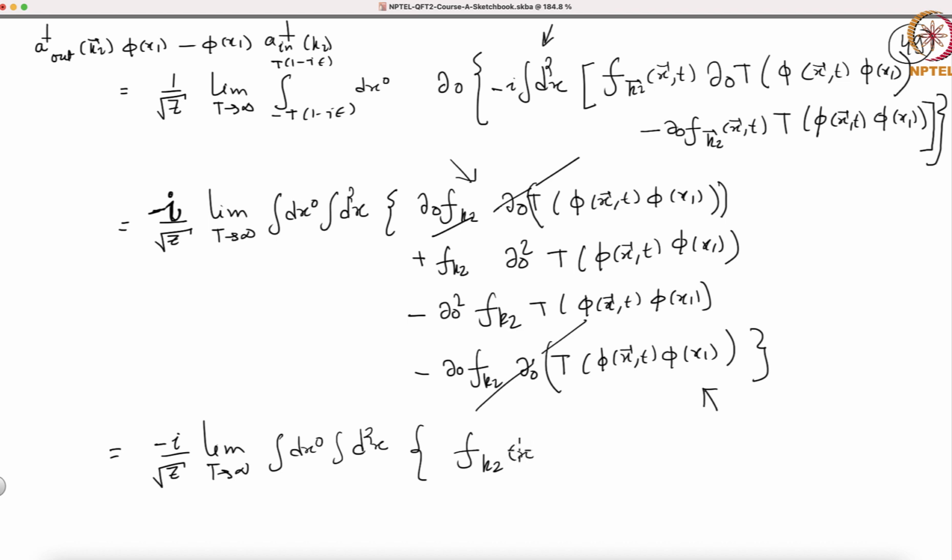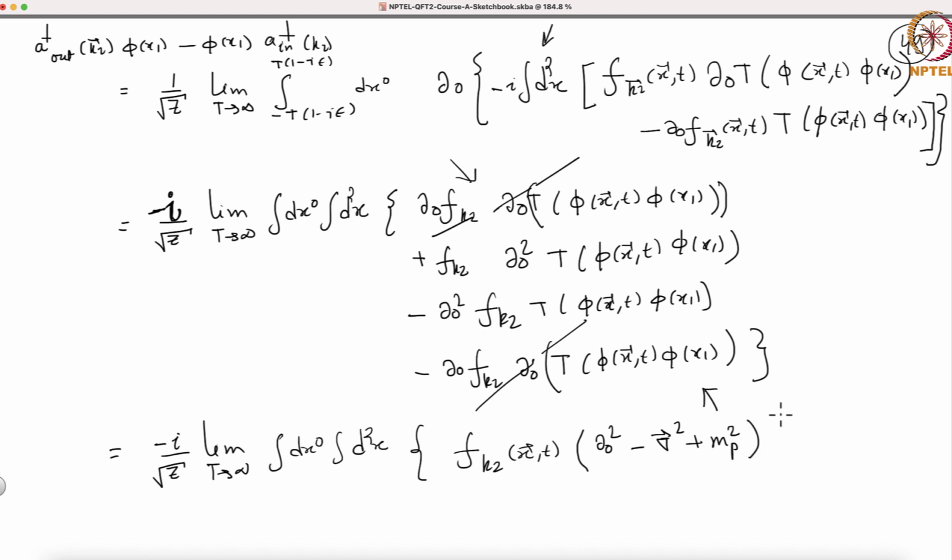Fk2 xt. Remember Fk2 is an exponential function, the time dependence is exponential, so you will get Fk2 back when you differentiate twice here. That's why I am able to take it out, and you have del naught square here. And this one will give you minus gradient square plus mp square.